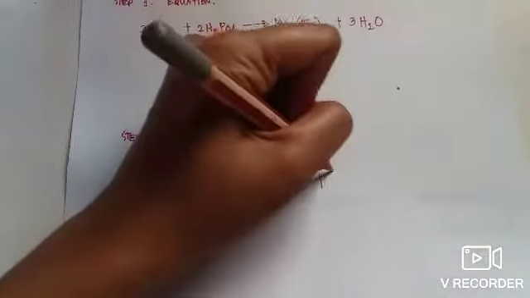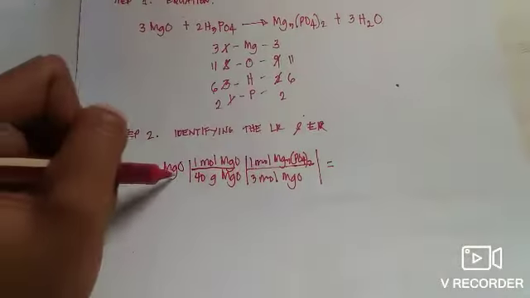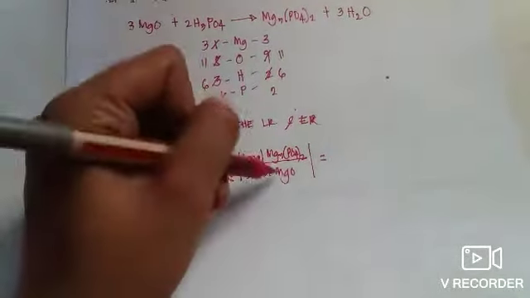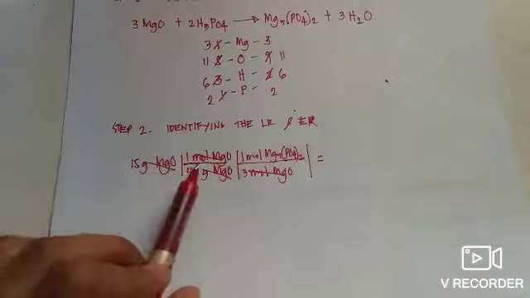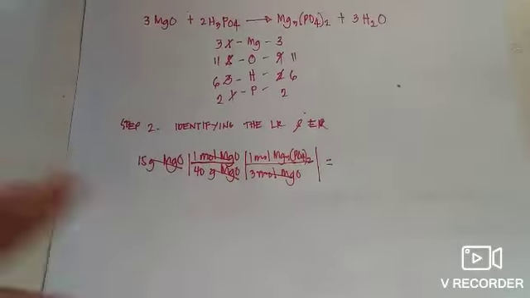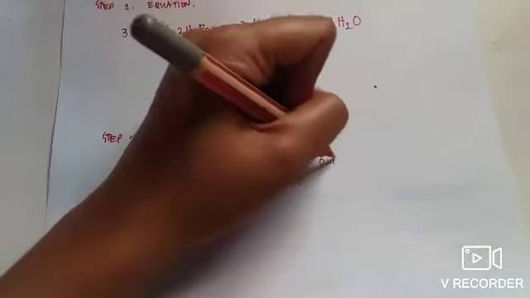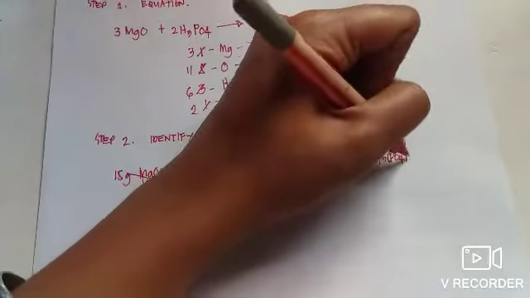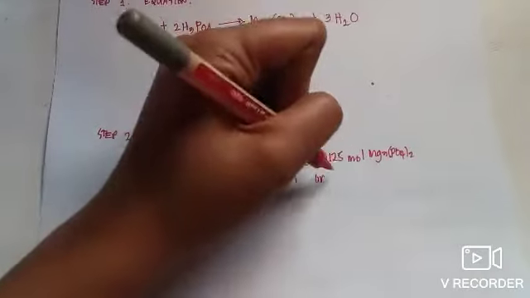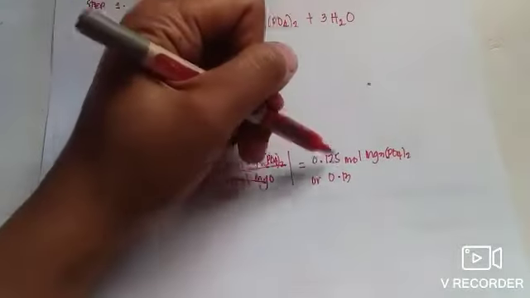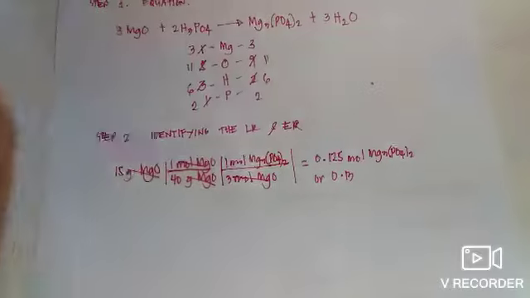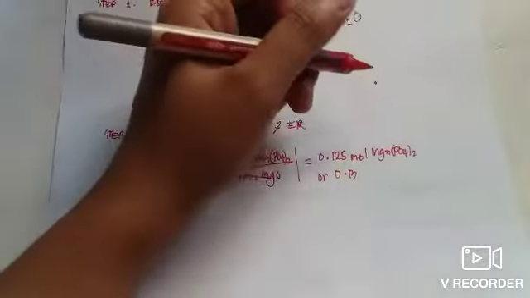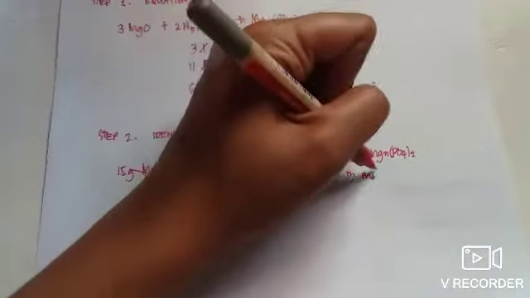Then perform the operation and cancel. 15 times 1 times 1, divided by 40 times 3, will obtain the answer of 0.125 mole of Mg3(PO4)2, or 0.13 because there is a 5 there, so you add one. 0.13 mole of Mg3(PO4)2.